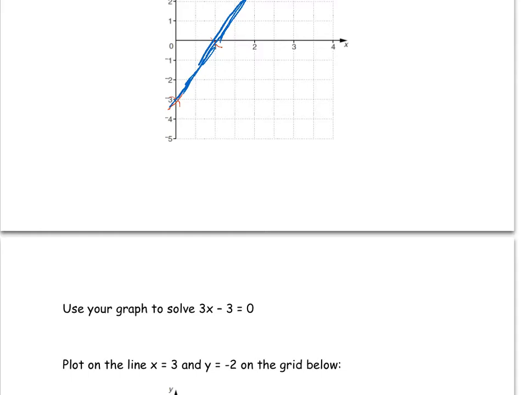So, where does our line cross the x-axis? Well, it's here at the value x equals 1. In an exam, it's not likely to be as simple as reading one of your coordinates. It will usually be something like 1.5, 1.6. So have a look at the graph carefully. Make sure you read the scale carefully.